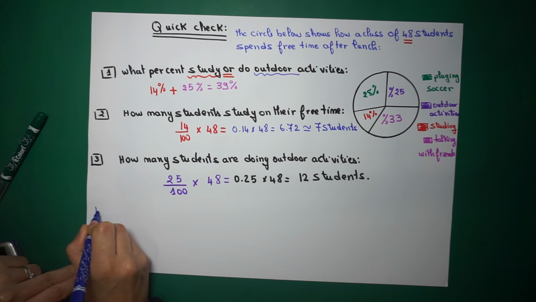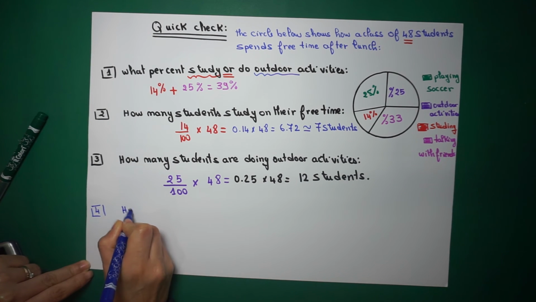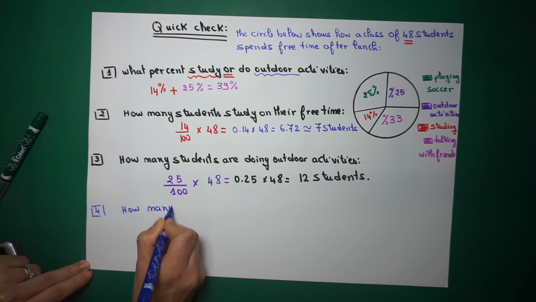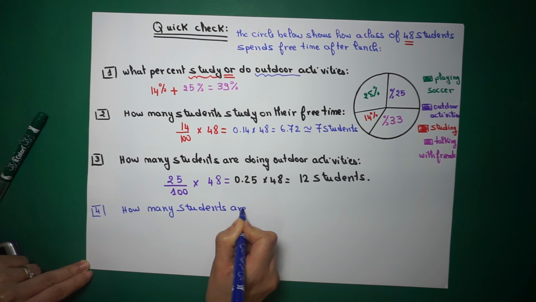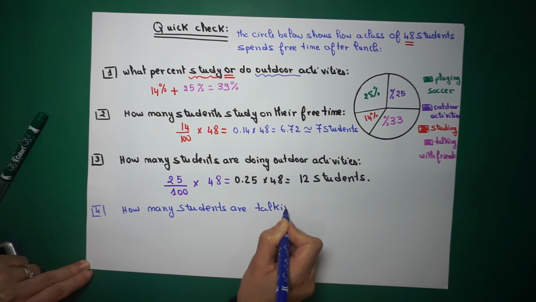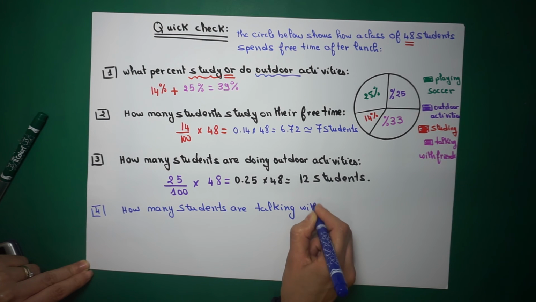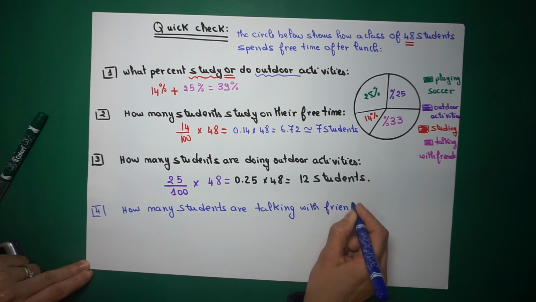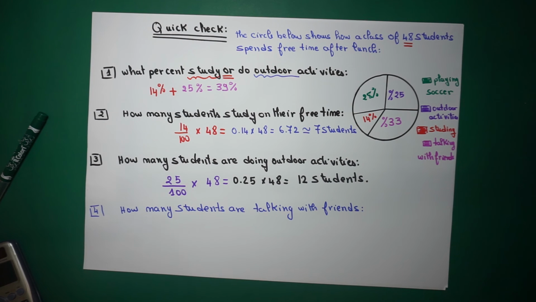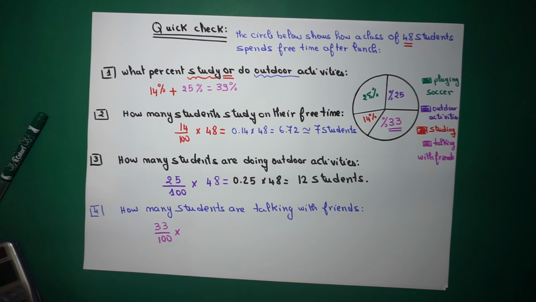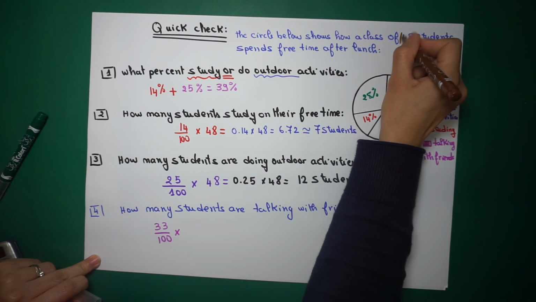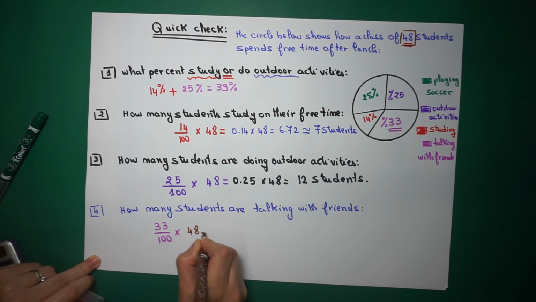I'm gonna add another question. How many students are talking with their friends during their free time? So I'm gonna focus on the sector of talking with friends, which is in pink. And I have 33, and I'm gonna divide by 100 and multiply as usual by the total number of students, which is 48.